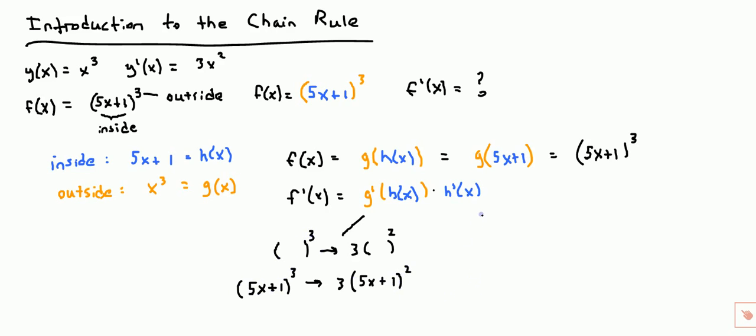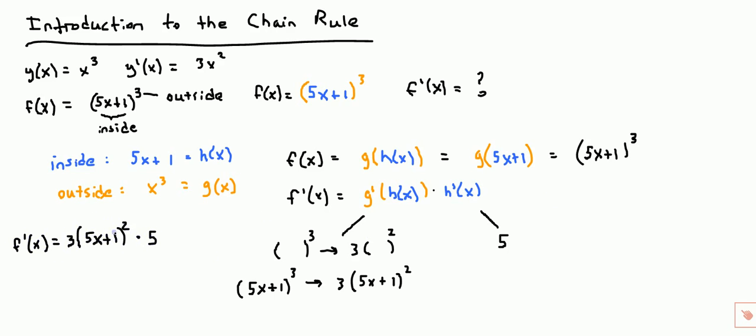Okay, then h prime of x, we know that h of x is 5x plus 1, and the derivative of that is just 5. So using this formula, I'll write it over here. F prime of x is equal to 3 times 5x plus 1, quantity squared, multiplied by 5.